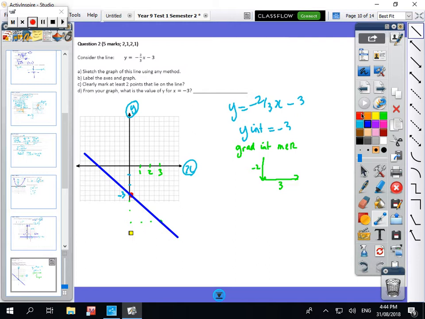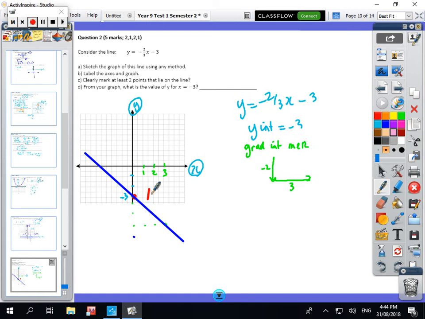Okay, so that's 1 point, and that point there was down 2, so we're at minus 5, and then we ran across 3, so that coordinate is there.